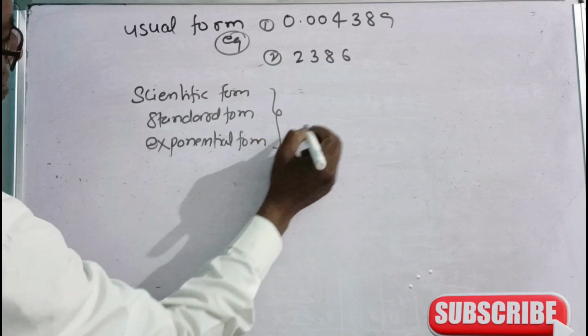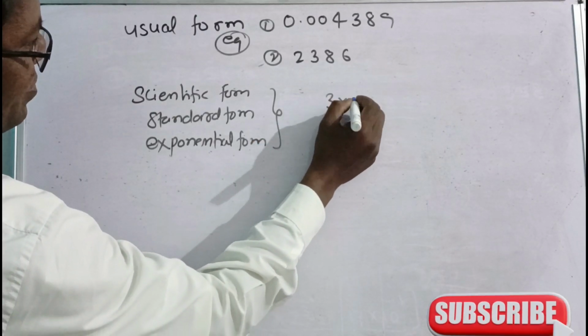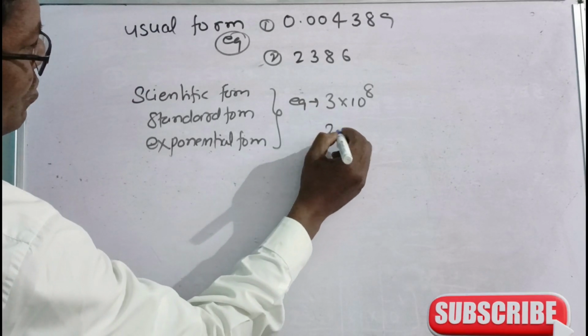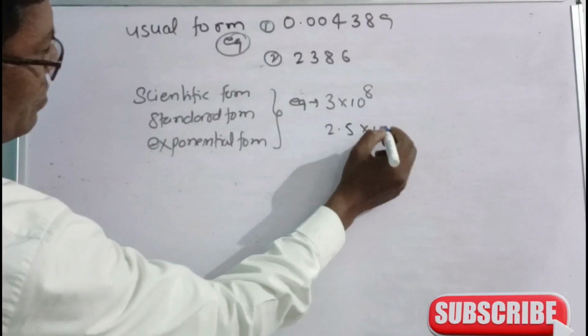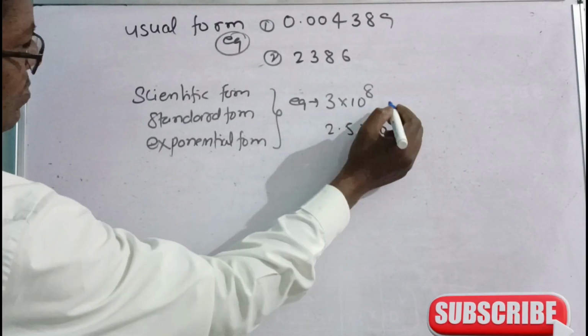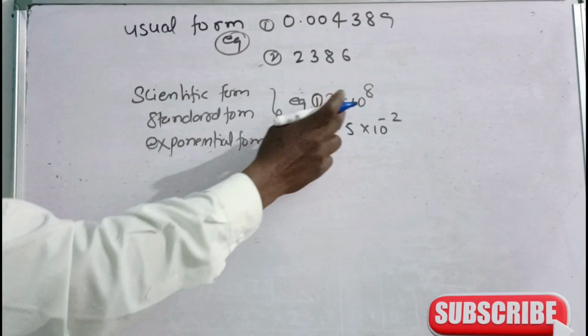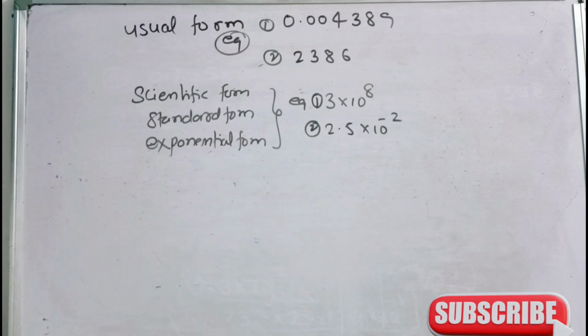It's nothing but 3 into 10 to the power 8, 2.5 into 10 to the power minus 2. So this is the example 1, this is the example 2. 10 raised to the power जो आएगा, that is the exponential, standard or scientific form. Usual form is nothing but this is the usual form.